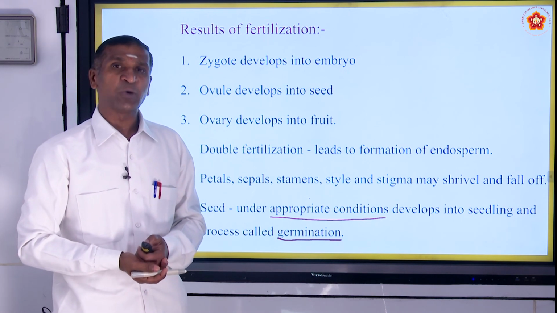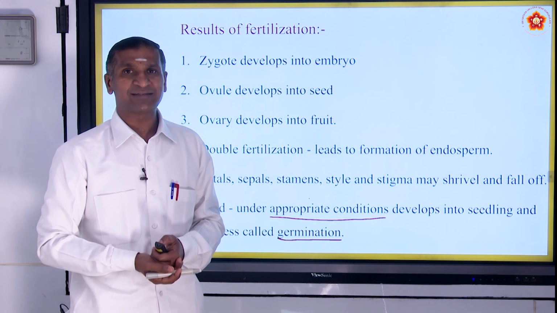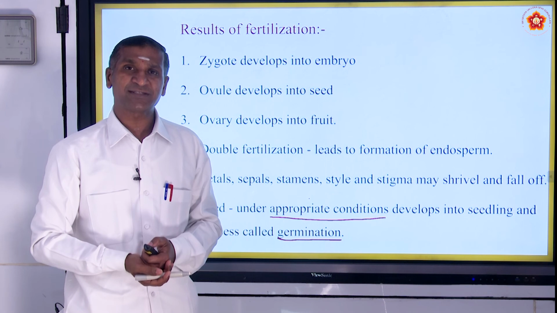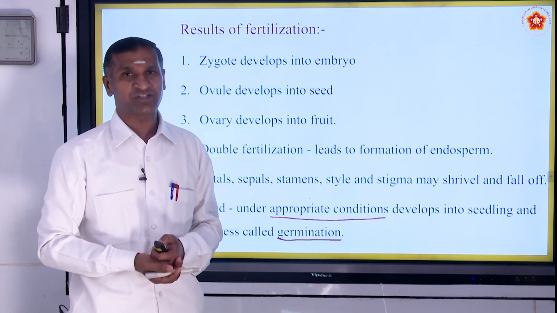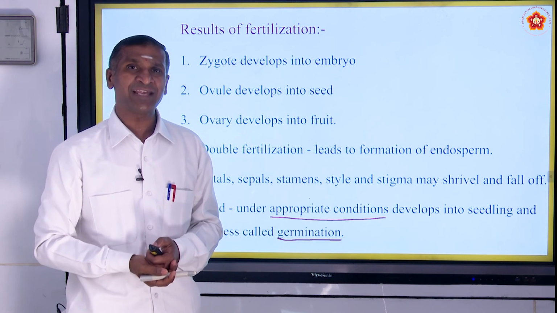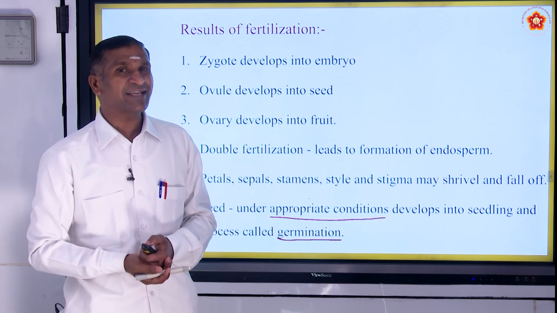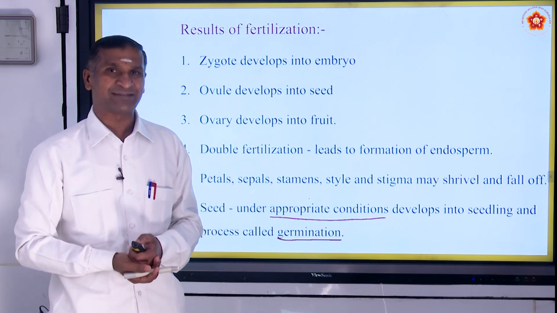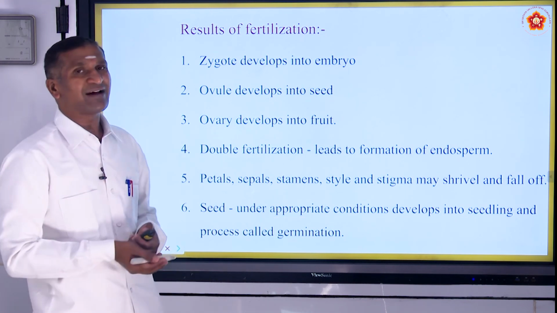So the whole reproduction in flowering plants involves two processes, first pollination and second fertilization, and if these two processes take place and the seed is healthy, it undergoes germination. This is the result of fertilization.